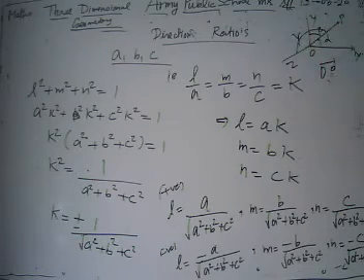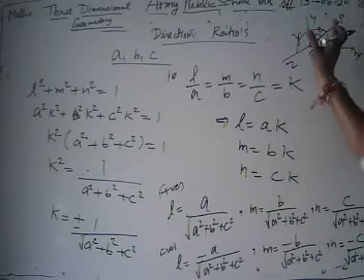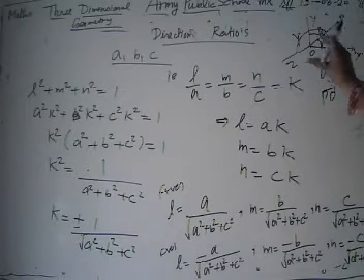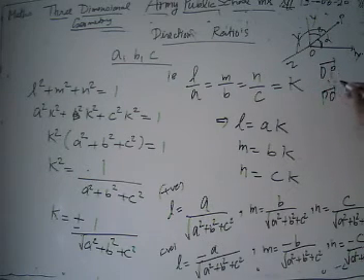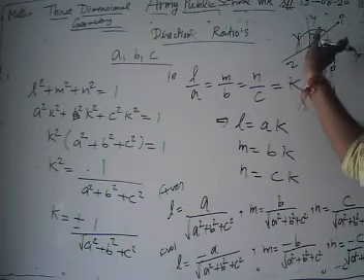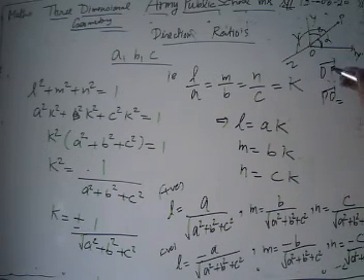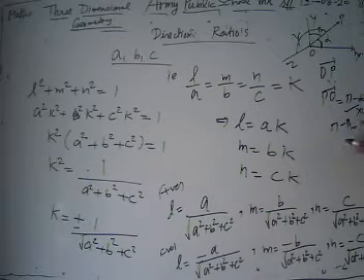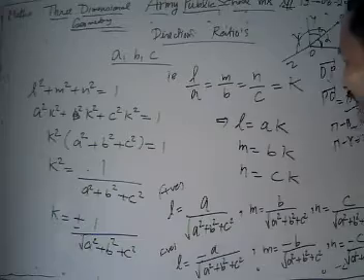But when we talk about the vector PO, if OP makes angle alpha with the x-axis, then PO makes pi minus alpha from the x-axis, pi minus beta from the y-axis and pi minus gamma from the z-axis.